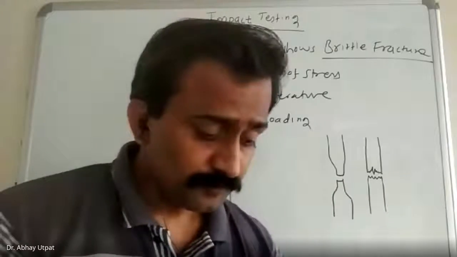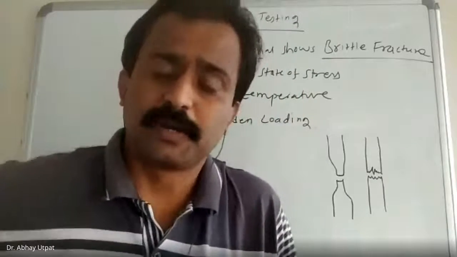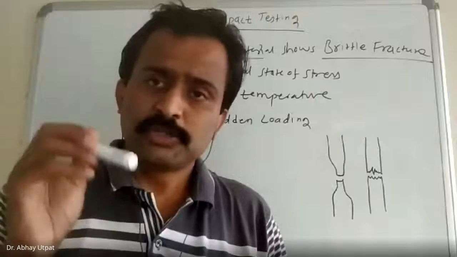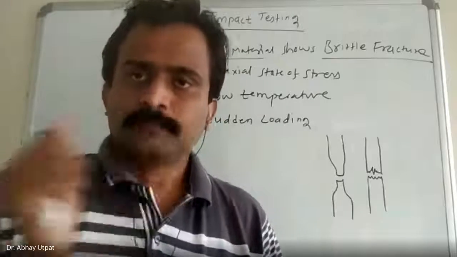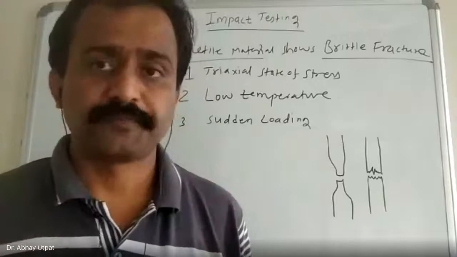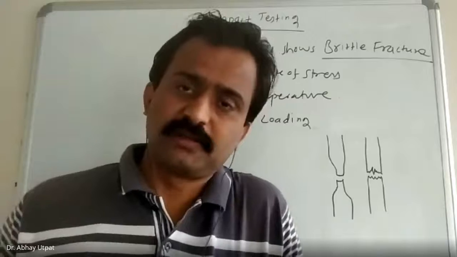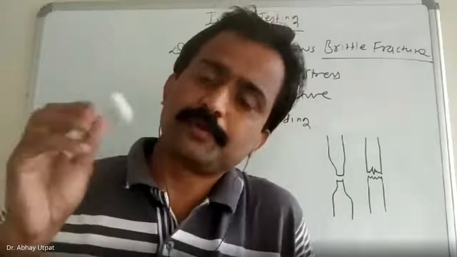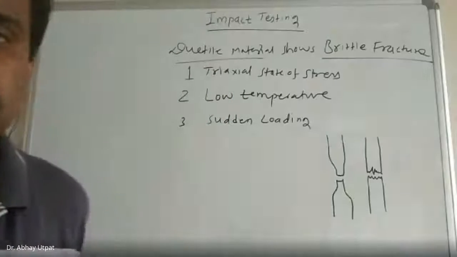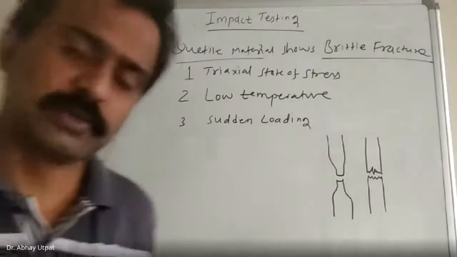Now, you have studied the concept of design of shaft or design of many components. Whenever any component is to be designed, that component is tested for a number of strengths. What is its tensile strength? What is its impact strength? What is its fatigue strength? Suppose I have taken one material and I have done the tensile testing. So I have prepared the specimen, the shape of which I showed last time.